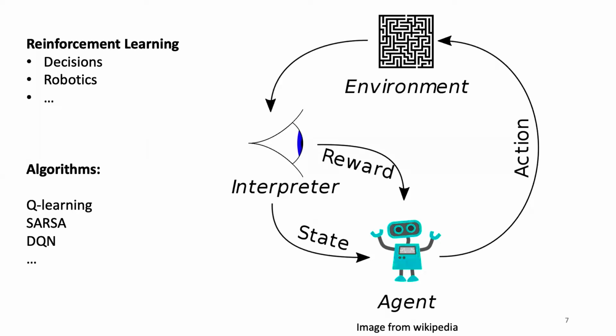So the reward, for example, if you want to train a driver that is driving our car on the road, and if you turn to left and you went out of the road, then the interpreter will say, okay, this is bad based on a criterion, right? This is bad and you will get a punishment, not a reward.